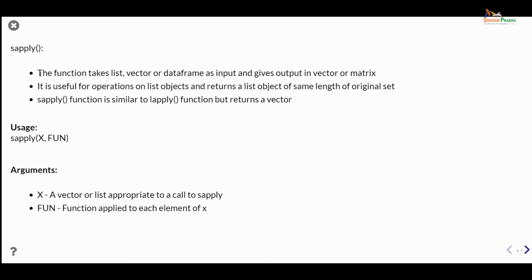And how to use this function? Basically you have 2 arguments. The first argument is a vector or a list. The next one is the function applied to each element of x. So we can always use a user defined function or the inbuilt functions that are available in R.